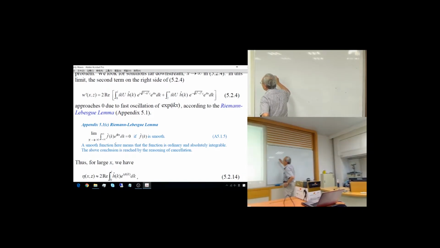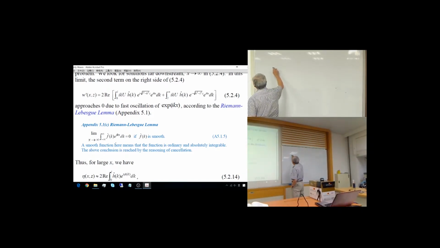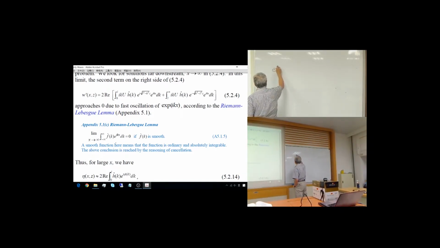Let me give a little bit of explanation, otherwise you probably cannot understand. e to the ikx equals cosine kx plus i sine kx.